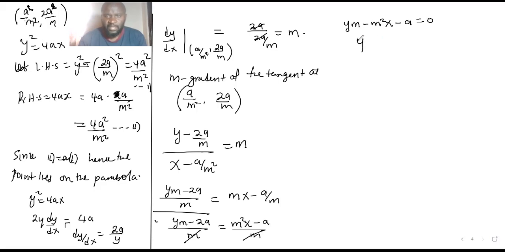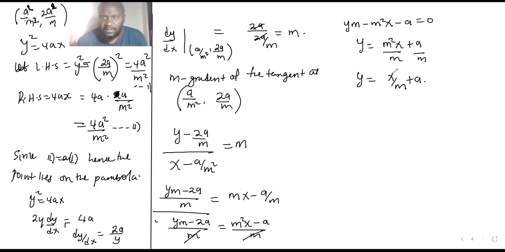The question made y the subject, so we shall have y is equal to m squared x plus a, divided by m. Finally, y would be x times m plus a out of m.